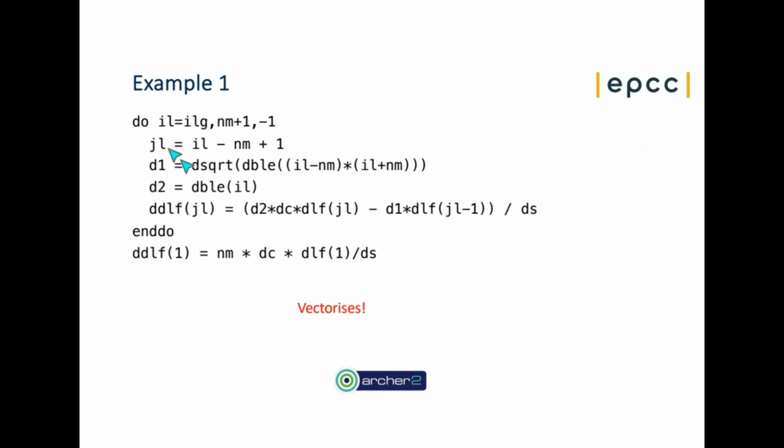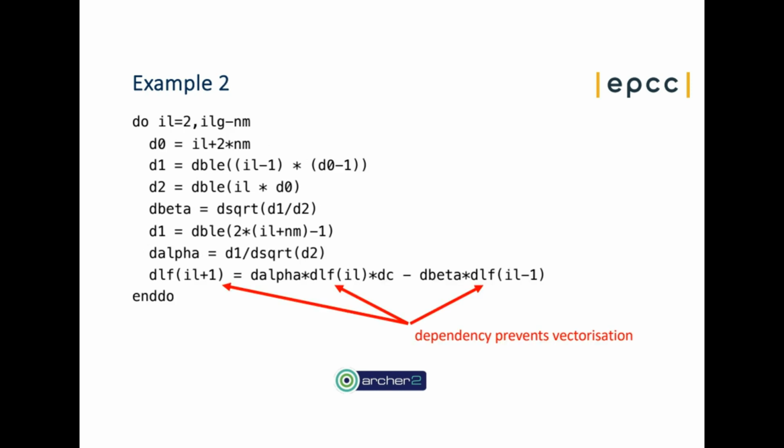I can simply get rid of the if test and do the last iteration as a separate statement afterwards, and this now vectorizes quite happily. So that's a nice, fairly easy case where the compiler failed, but you can find an easy solution.